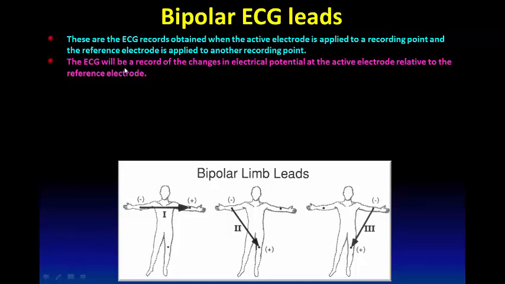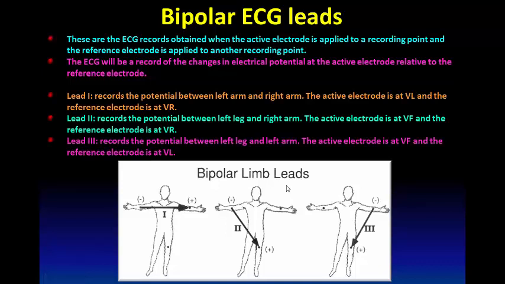So the ECG will be then a record of changes in the electrical potential at the active electrode relative to the reference electrode. We have 3 standard bipolar leads.